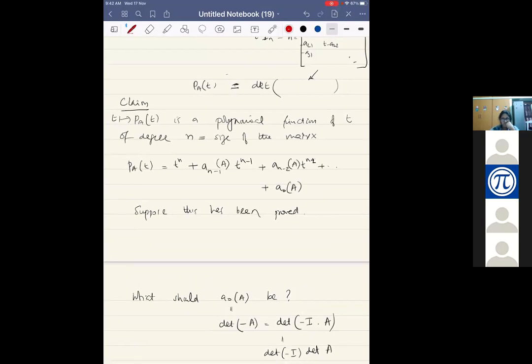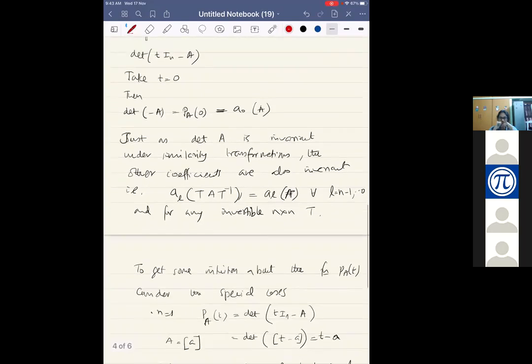Moreover, the coefficient of the top degree term t to the n is actually 1. And if you believe this statement, we have checked that the constant coefficient is, up to a sign, the determinant. The sign depends on whether n is odd or even.